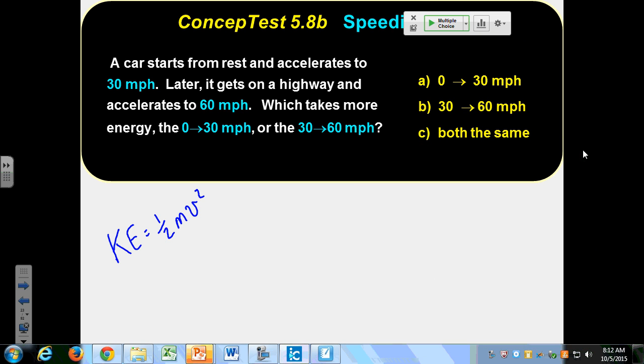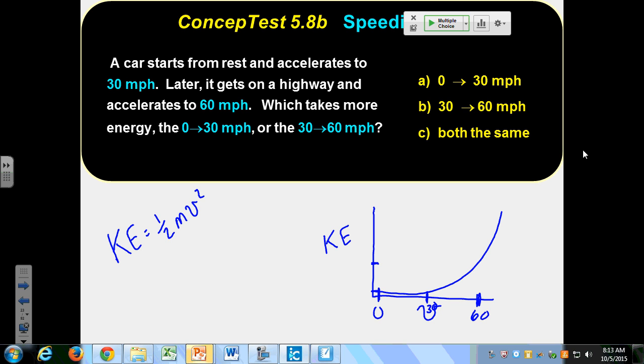Let me remind you that this function, if I plot kinetic energy versus velocity, looks like this. This would be 0, this would be 30, this would be 60.